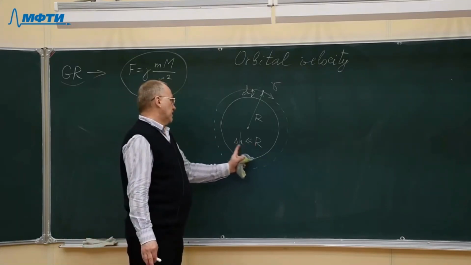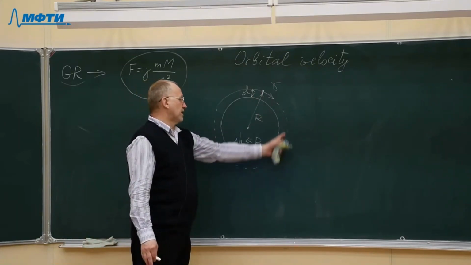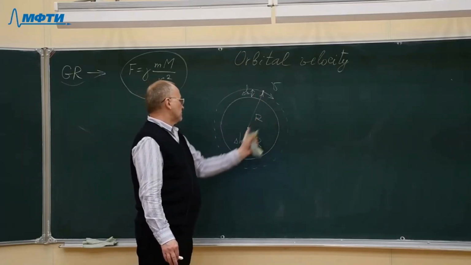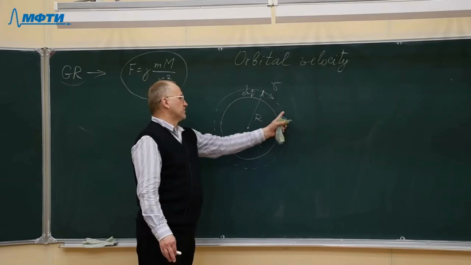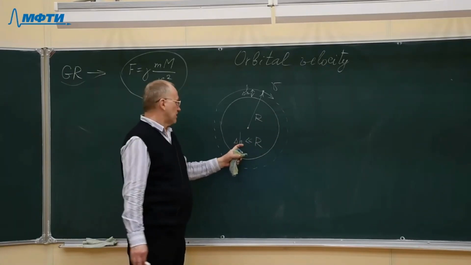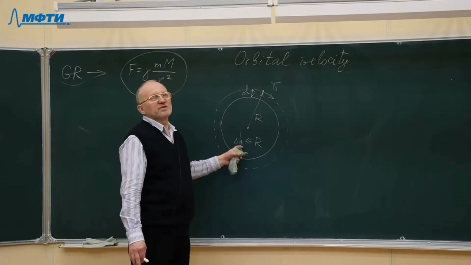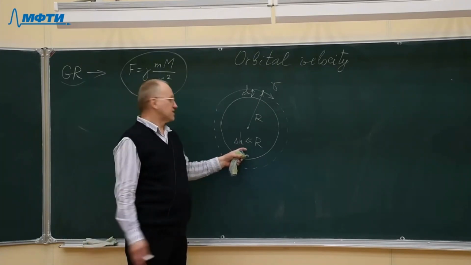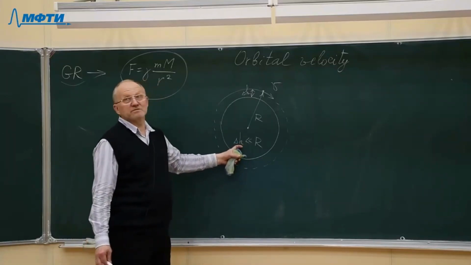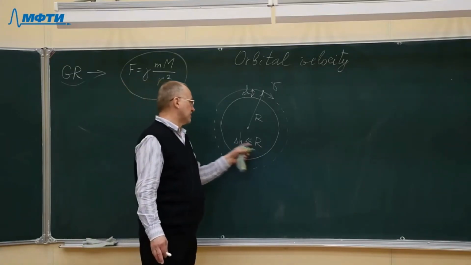So we will consider such orbital motion that the height of the orbit above the surface of the Earth is much less than 6,000 kilometers. What does it mean? Well, it must be less than 500 kilometers, less than 1,000 kilometers. That's enough. Less than 1,000 kilometers is already much less than 6,000.